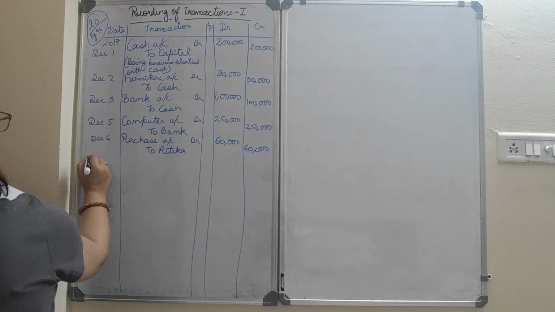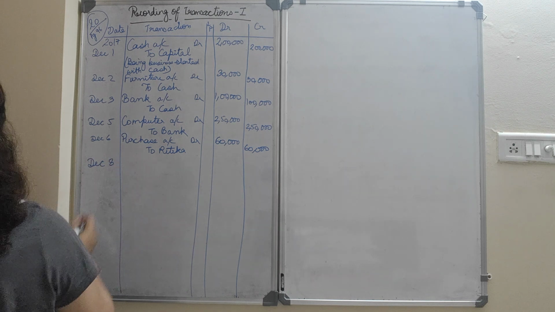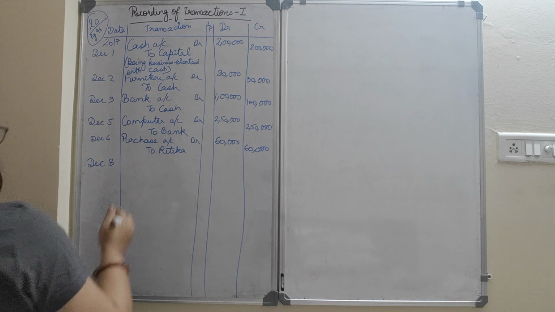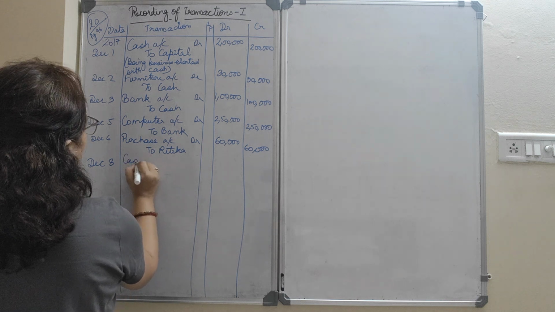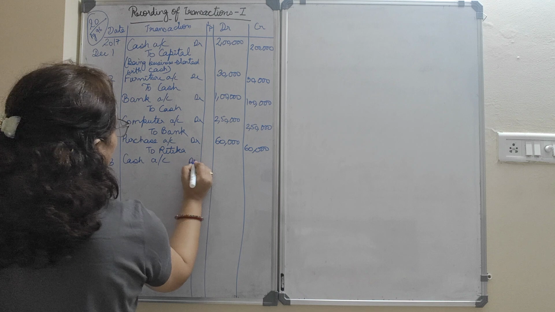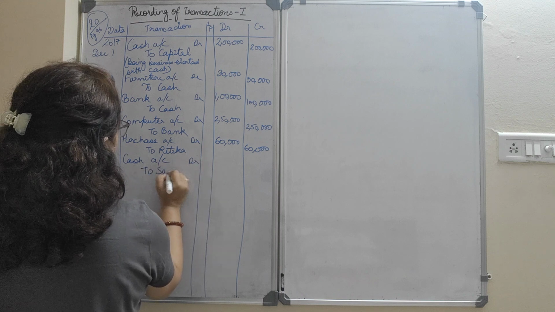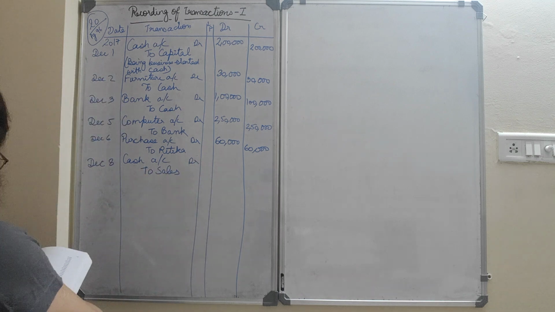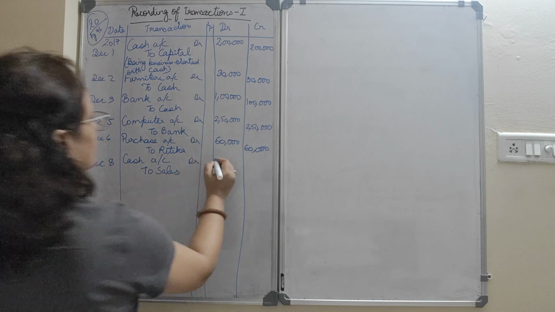Now after this we have December 8. December 8 is cash sales. So what has come in? Cash account debit to sales, right? Now it is 30,000.